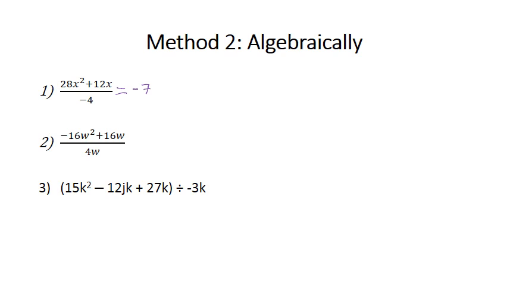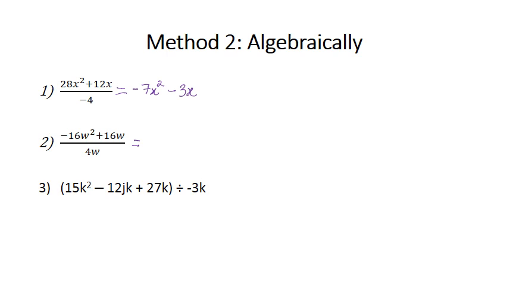And I don't have any other x's to use in my variables, so this will stay as x squared. So 28x squared divided by negative 4 is equal to negative 7x squared. Then it's plus 12x. Again, I'm going to divide my 12 by negative 4, and that will give me minus 3. So this is negative 7x squared minus 3x, and that's my answer.